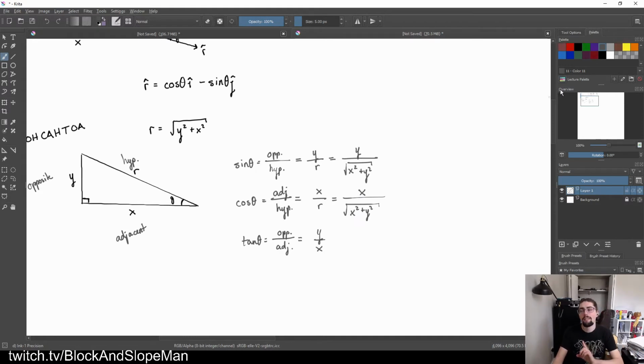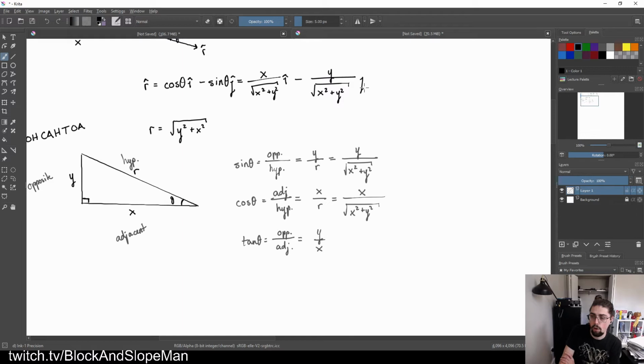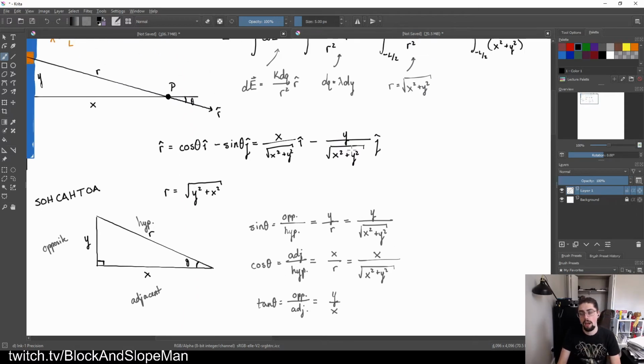Now, we rewrite r hat. We say r hat is actually this thing right here times i hat minus, and this is exactly why I wanted to bring that minus in here now. Because if you don't have the minus, you have to be very careful with how you talk about y.